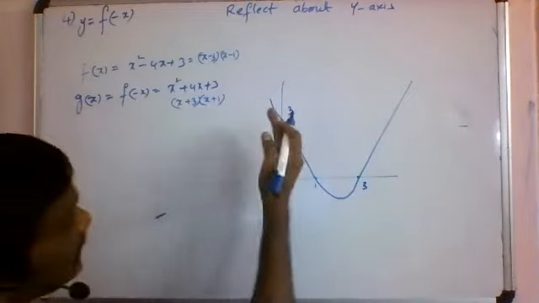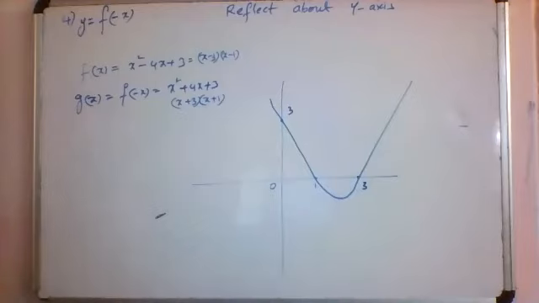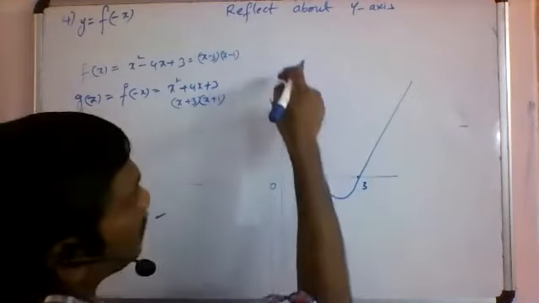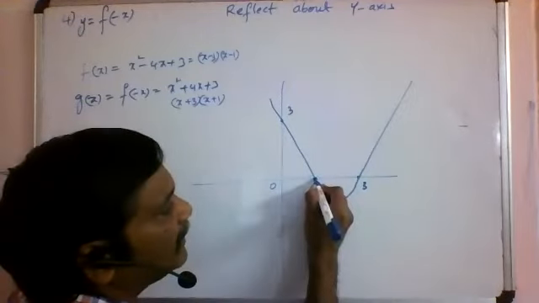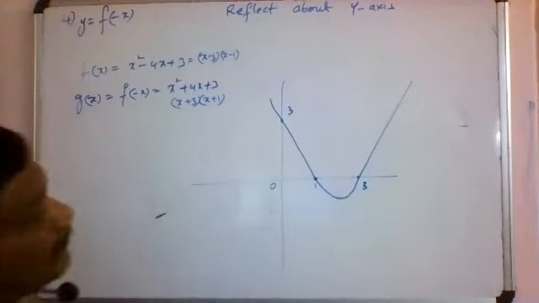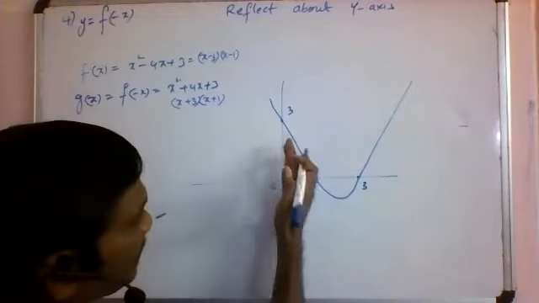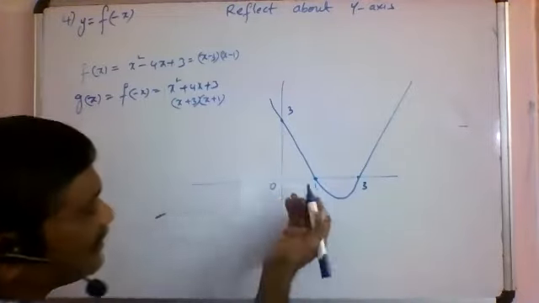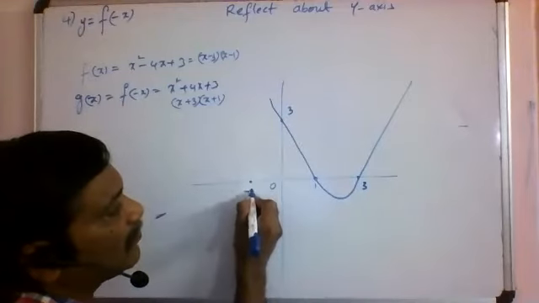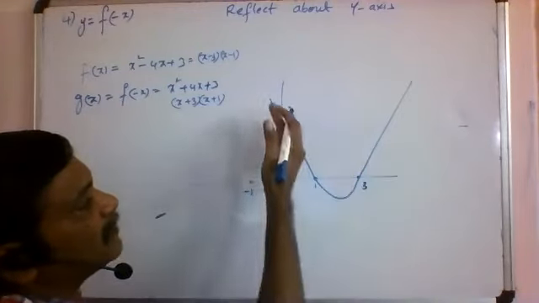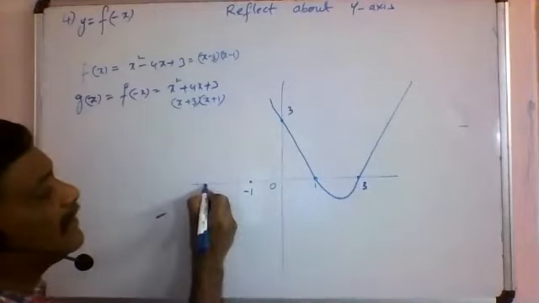Now take the reflection of this with respect to the y-axis. When it intersects at 1 and 3, if you take the reflection of 1 with respect to the y-axis, what is it? It should be minus 1. Similarly, the reflection of 3 with respect to the y-axis is minus 3.